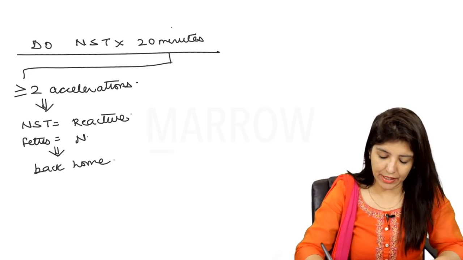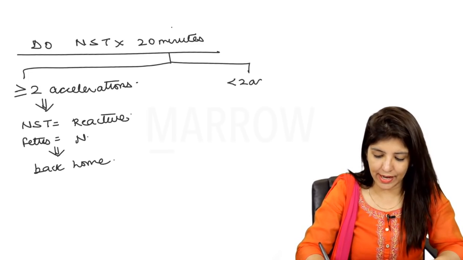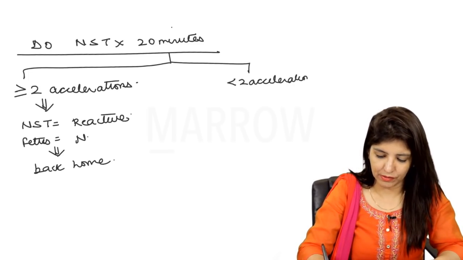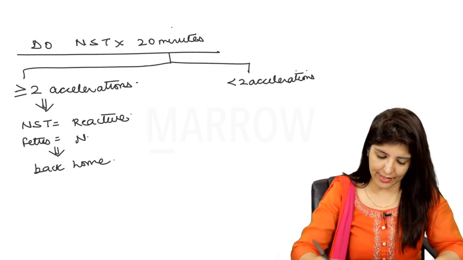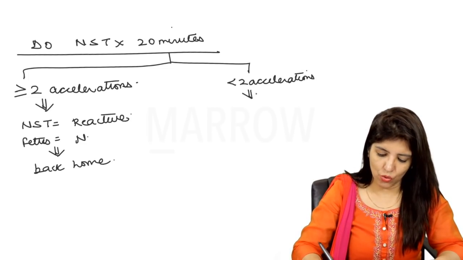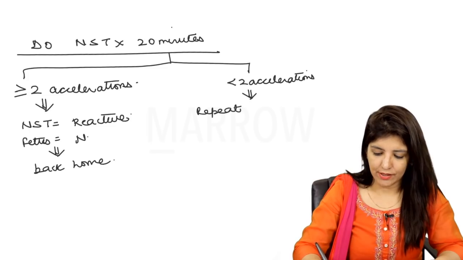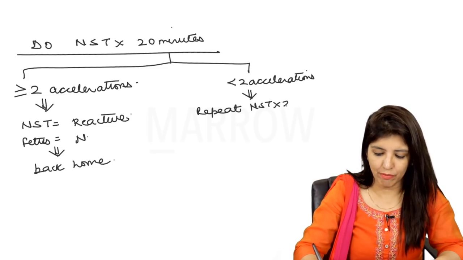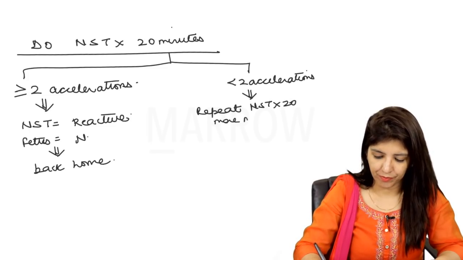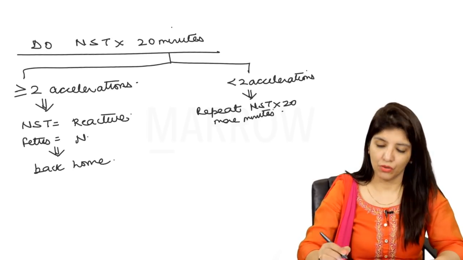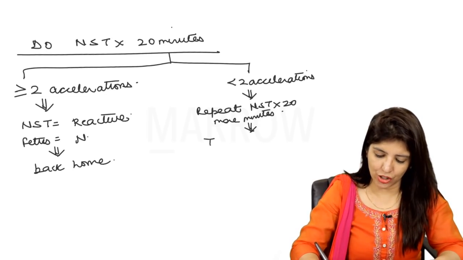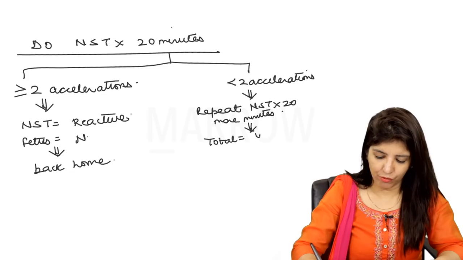right? But if you are getting less than 2 accelerations, in that case, you are going to repeat the NST for 20 more minutes, right? That means total how much? Total 40 minutes.